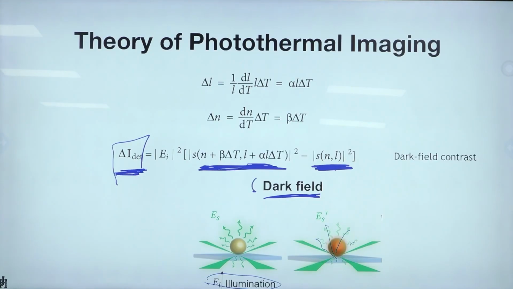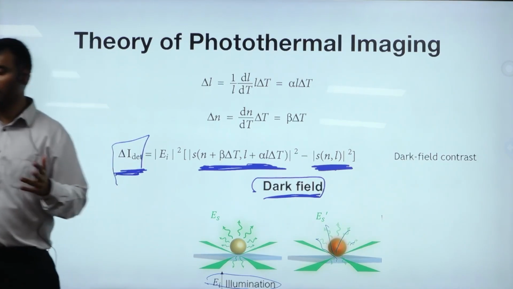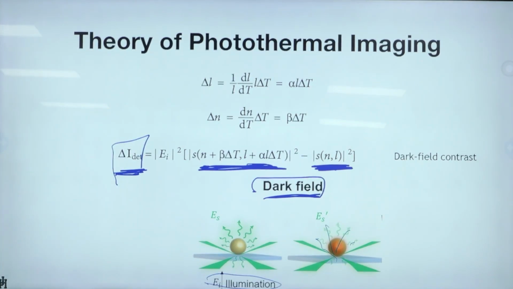This is called a dark field configuration. It allows you to measure these changes much more effectively, the change in the overall scattering because of change in length or change in refractive index. With this approach, you can make very precise, very accurate photothermal measurements. This is one of the first ways of doing photothermal measurements.